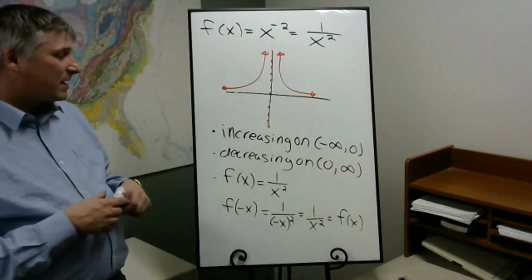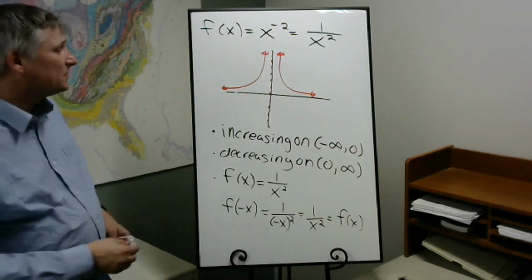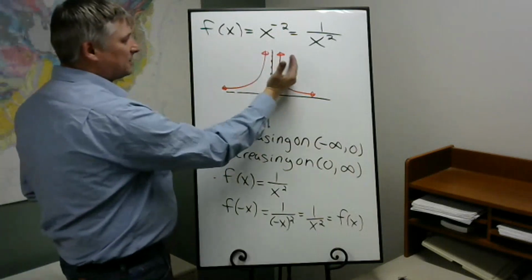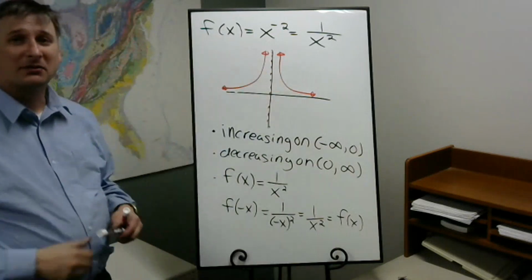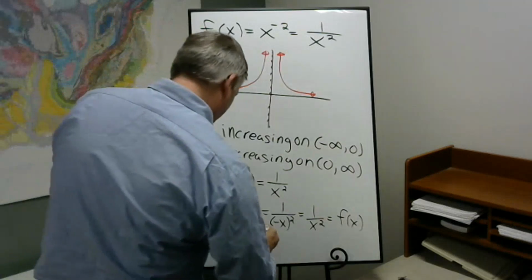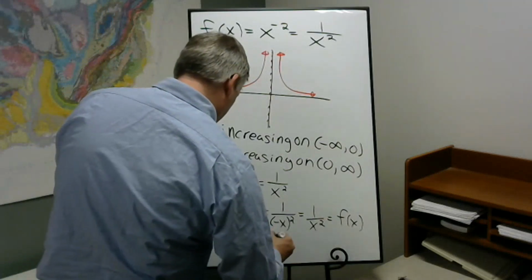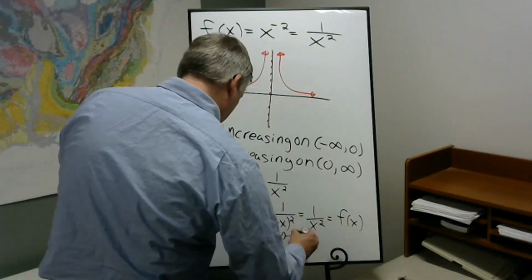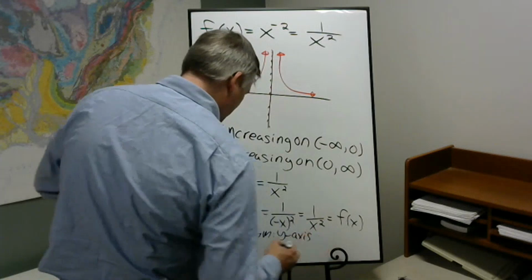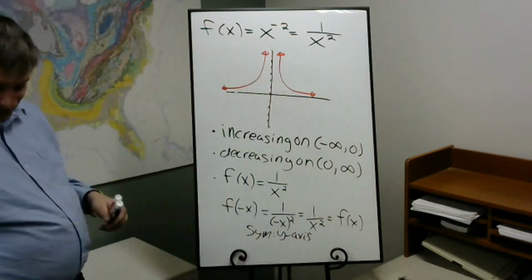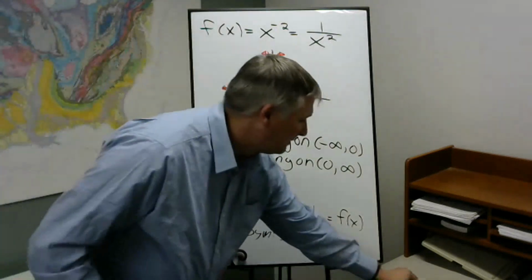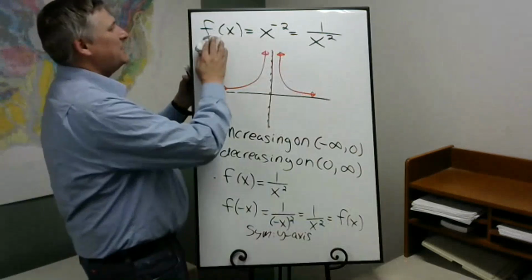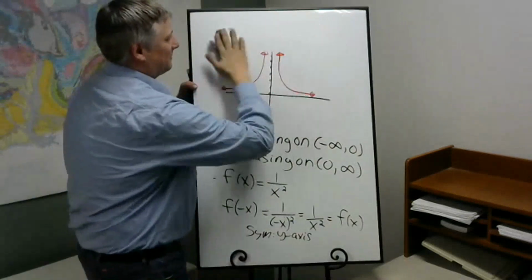So that means this is symmetric across the y-axis. And you can see it. It's a mirror reflection of itself across the y-axis. So let's take a look at some roots.